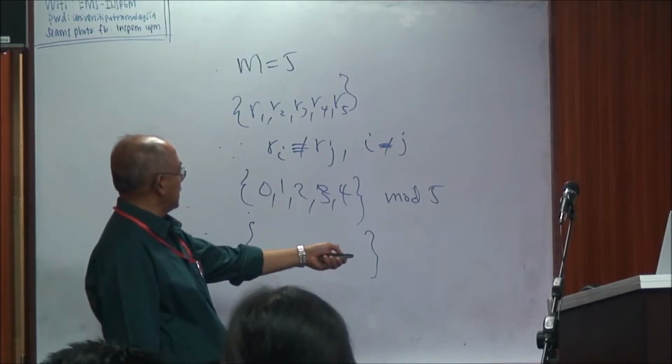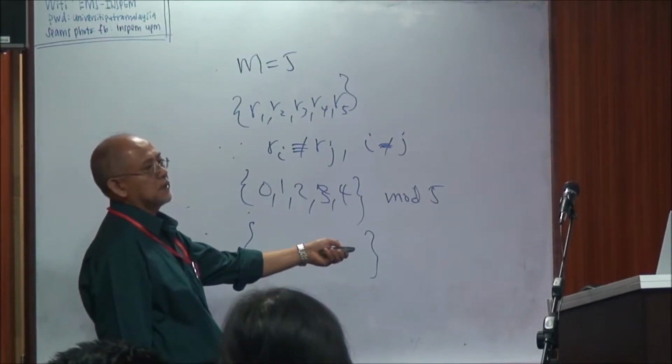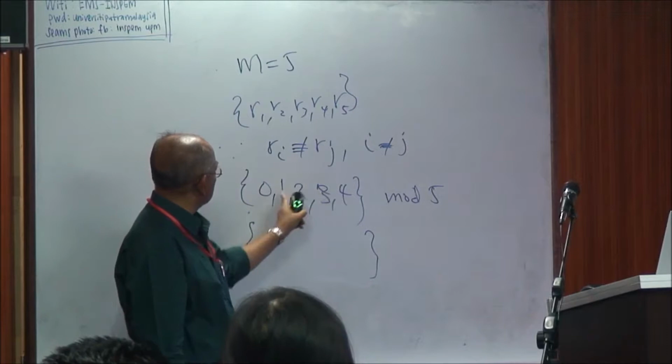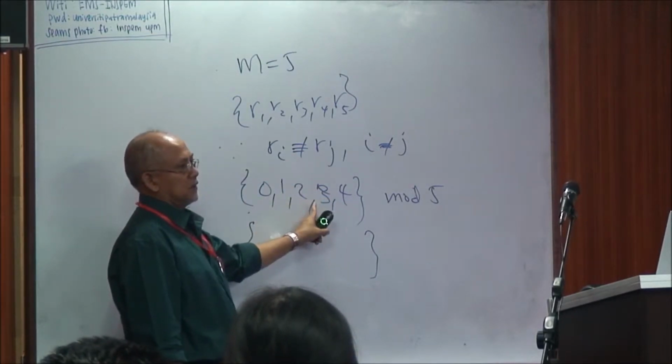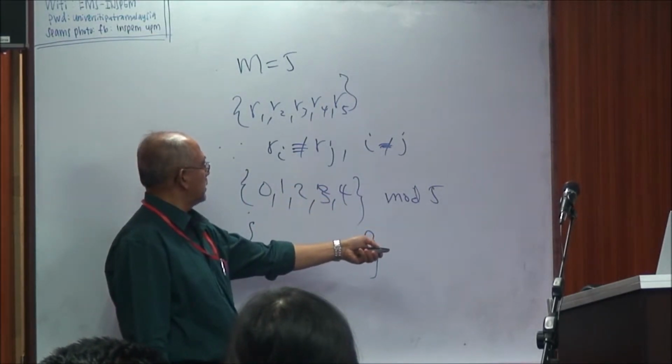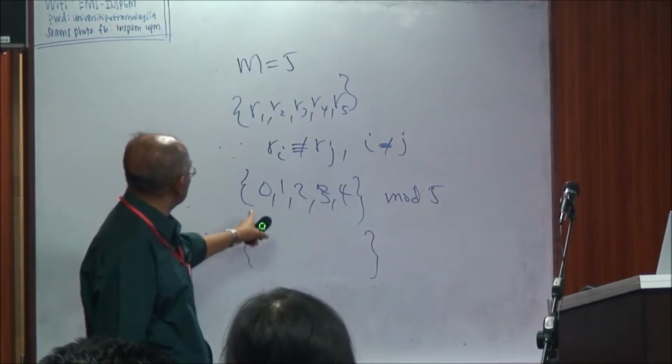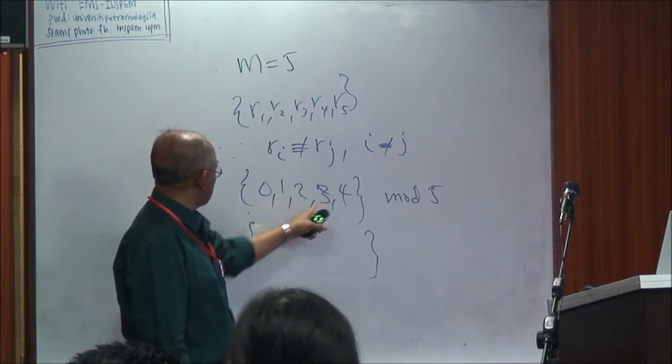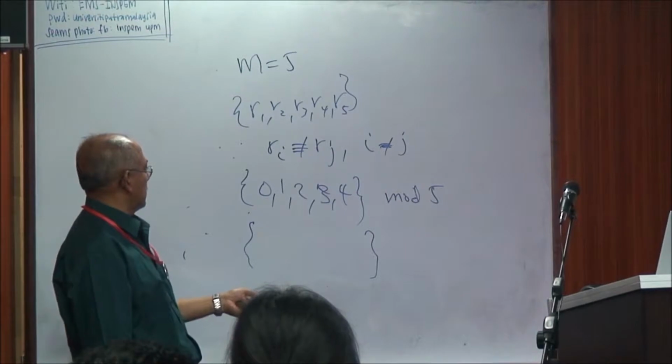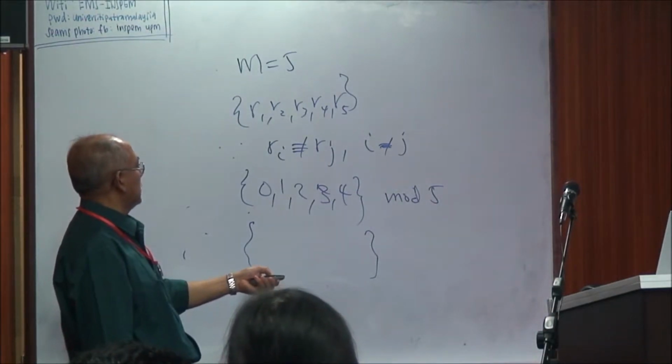We need that any two integers in this set must not be congruent to each other. This requirement is already satisfied in this set. But the other extra requirement is that Ri and M must be relatively prime.